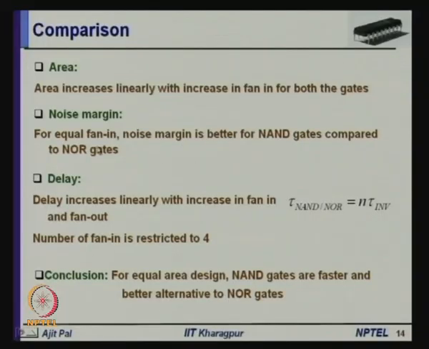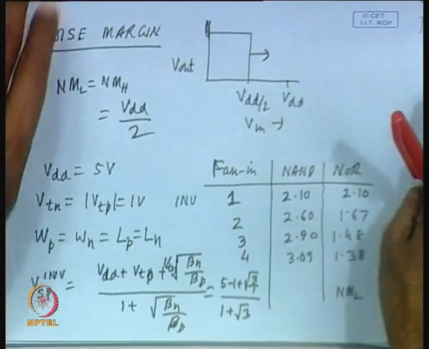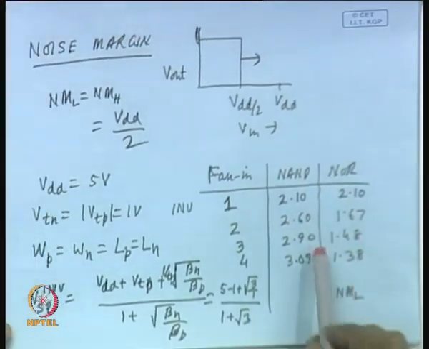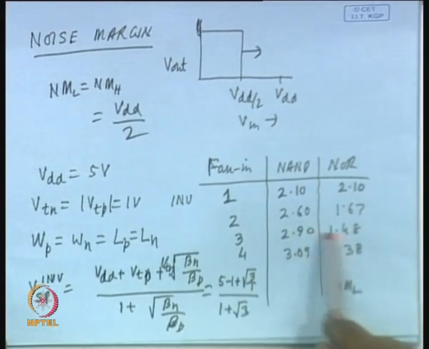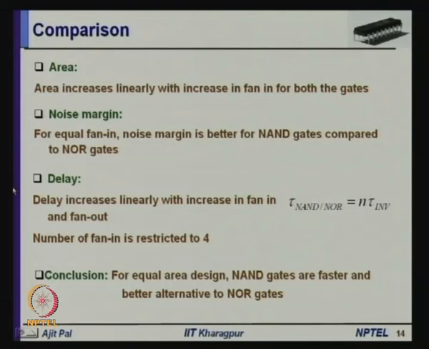What about noise margin? For equal fan in, noise margin is better for NAND gates compared to NOR gates, that you have already seen based on this particular table. Particularly, we find that the noise margin is better for NAND gate compared to NOR gate for equal area.